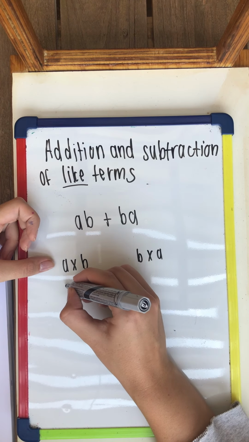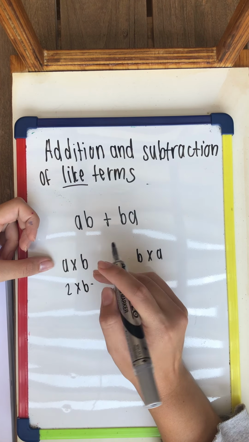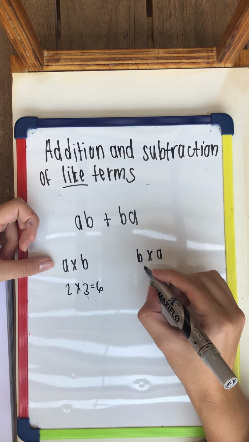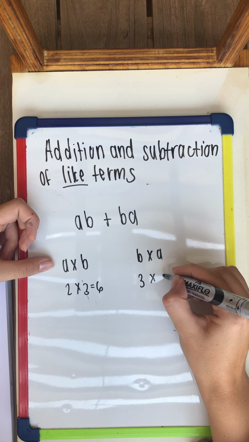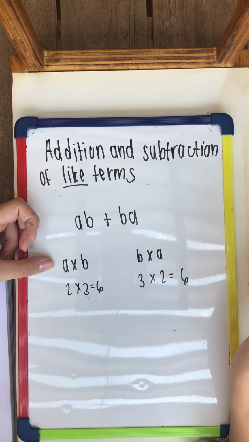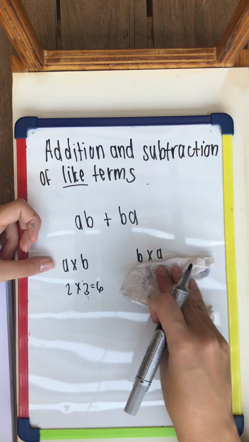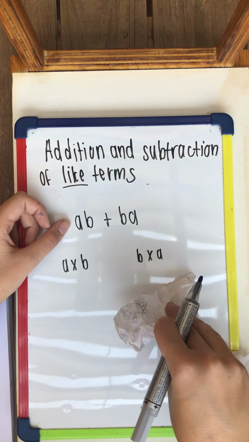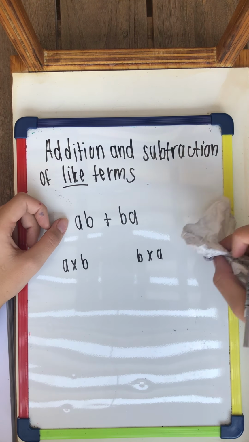So if a is 2 and b is 3, that'll give me 6. If b is 3 and a is 2, this will also give me 6. So no matter which way you write them, they still mean the same thing, even though we want you to write it in alphabetical order.